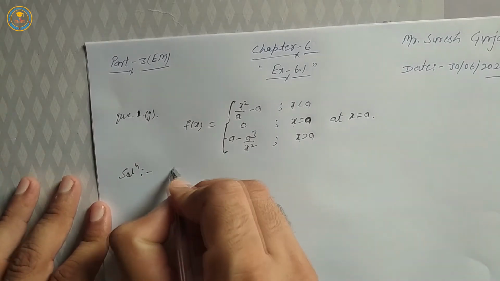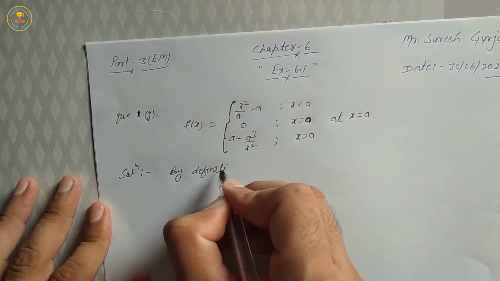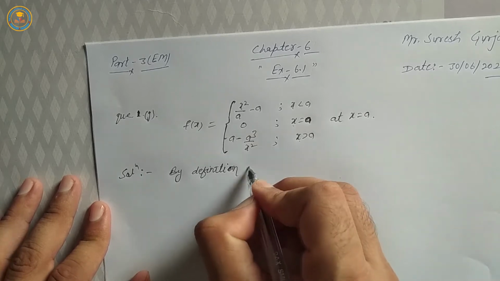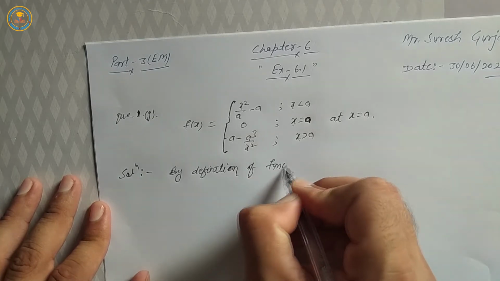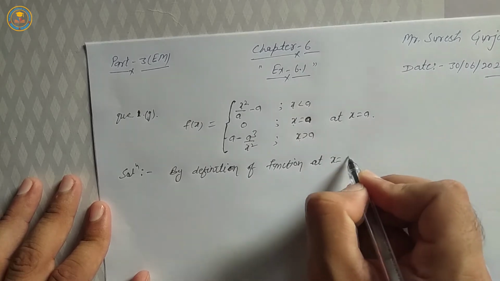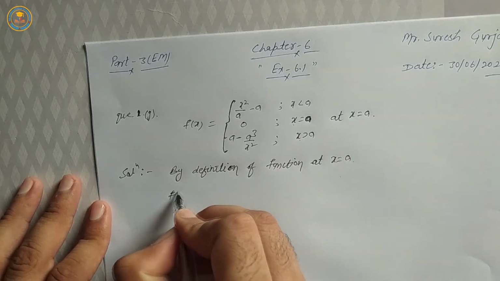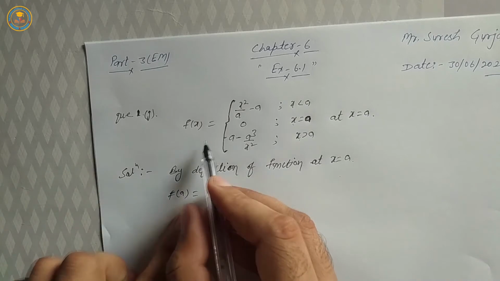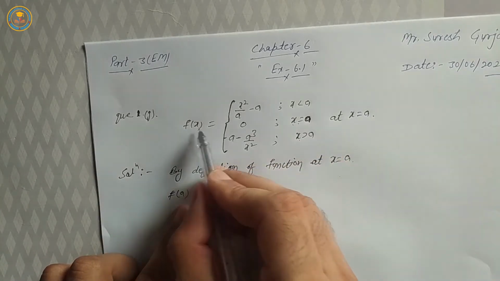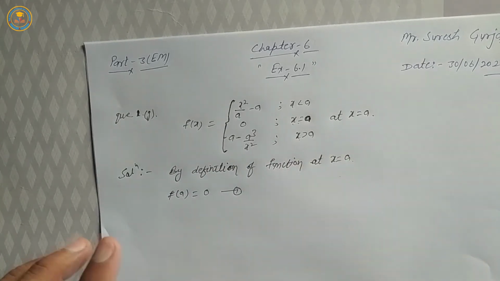By definition of function at x is equal to a, f(a) is equal to, when x is equal to a, then value of f(x) is equal to 0. It means 0. Equation first.